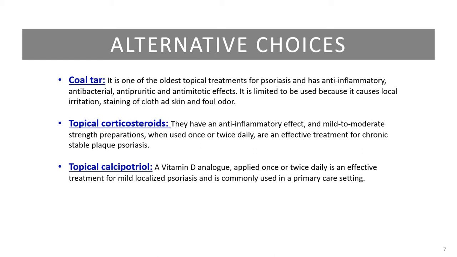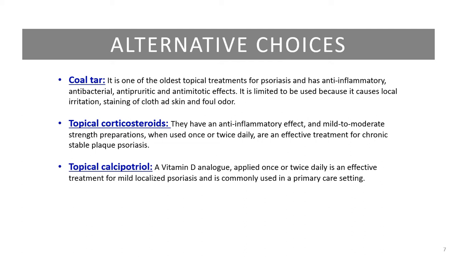Now there is another choice we can use, that is topical calcipotriol. It is a vitamin D analog. It can be applied once or twice daily, and it is also an effective treatment for mild localized psoriasis, and it is generally used in primary care settings. The one adverse effect associated with calcipotriol is hypercalcemia.